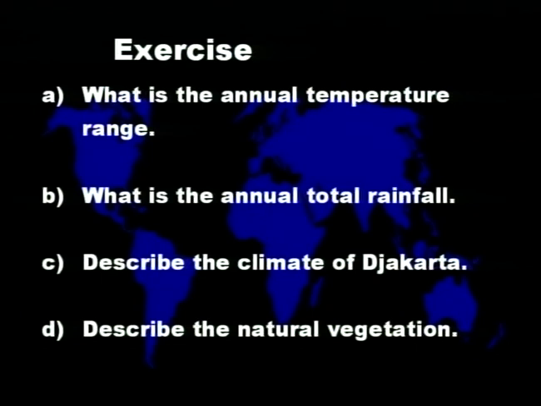We have briefly gone through it, but I'd like you now to put it in writing. And number 4, or D, describe the natural vegetation of an area that has the type of climograph as shown on page 4. Okay, make note of those 4 questions and then use your climographs to answer them.